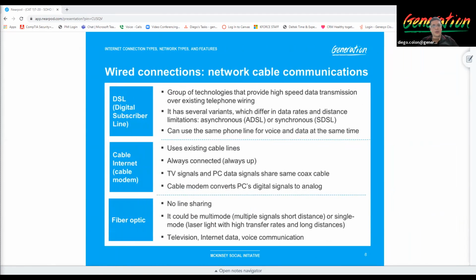In reference to the other types of wired network cabling, we have your DSL, which is the digital subscriber line. You obviously have your ADSL versus your SDSL. Can anybody, by the name, or maybe if they read it, tell me the difference between ADSL and SDSL?